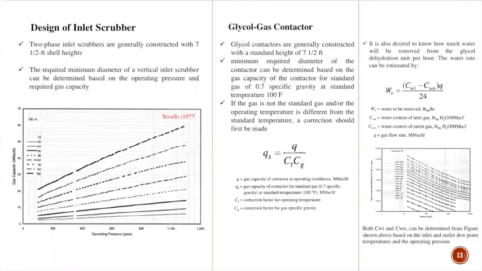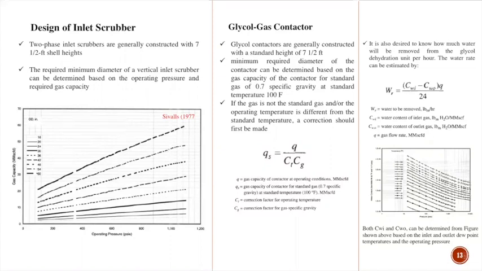So first, in the beginning, once the gas is coming, it should come with the inlet scrubber, right? So that the impurities can be removed. First you have to design this inlet scrubber, and only then will the gas go to the glycol gas contactor, right? For designing the inlet scrubber, a table is specified as shown below by Sivalls in 1977. He suggested that if you want to design the inlet scrubber, the shell height to be used, which is a vertical shell height, should be 7.5 feet, right?